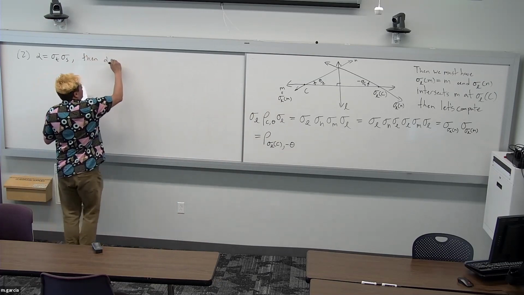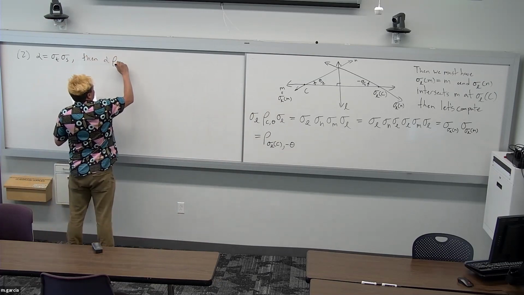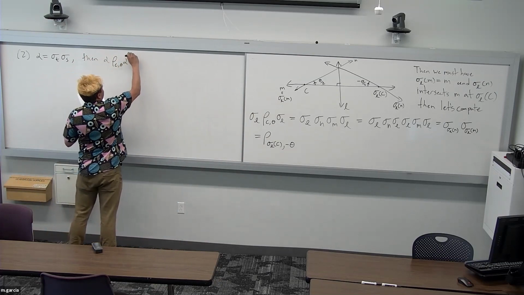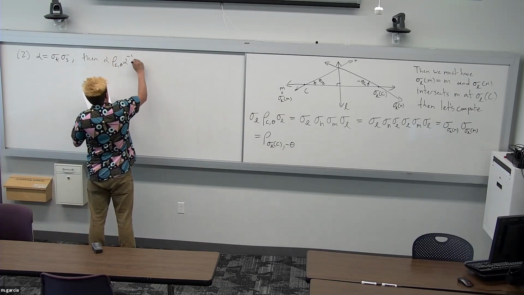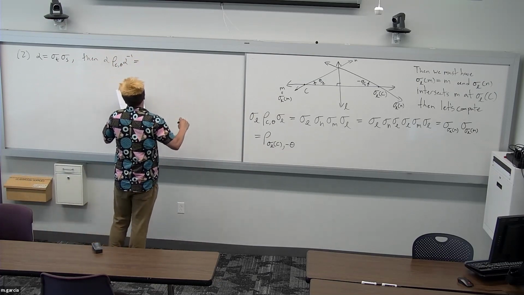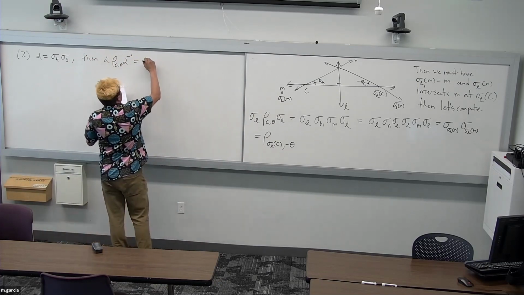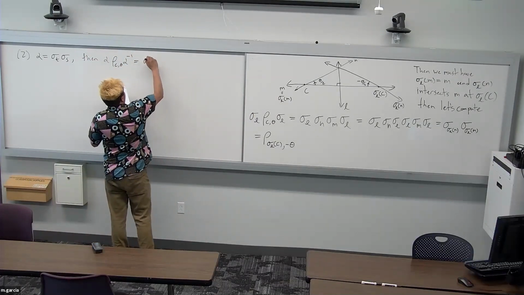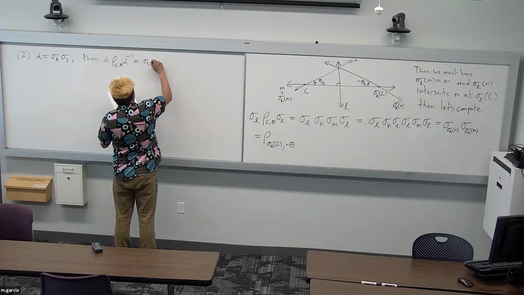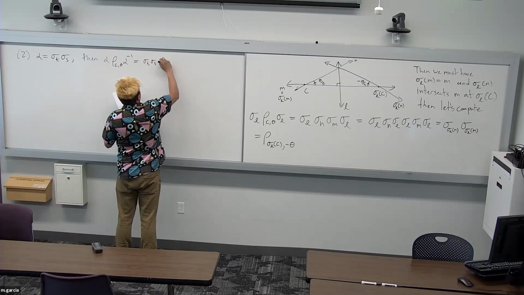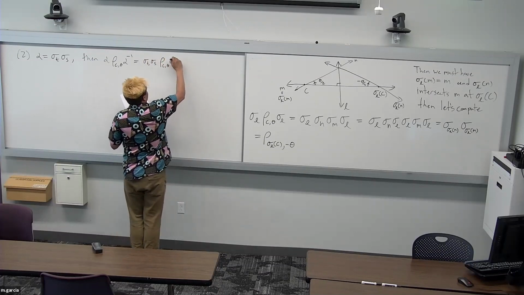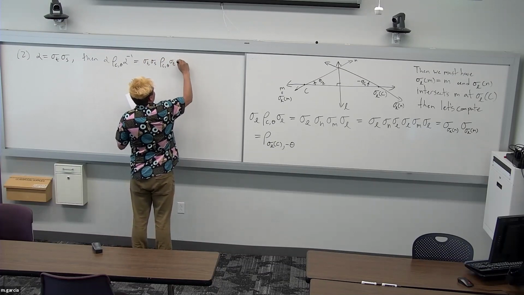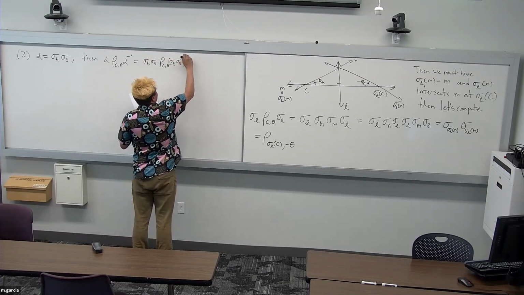Then alpha rho sub c comma theta alpha inverse is sigma t sigma s rho sub c comma theta sigma t sigma s inverse.